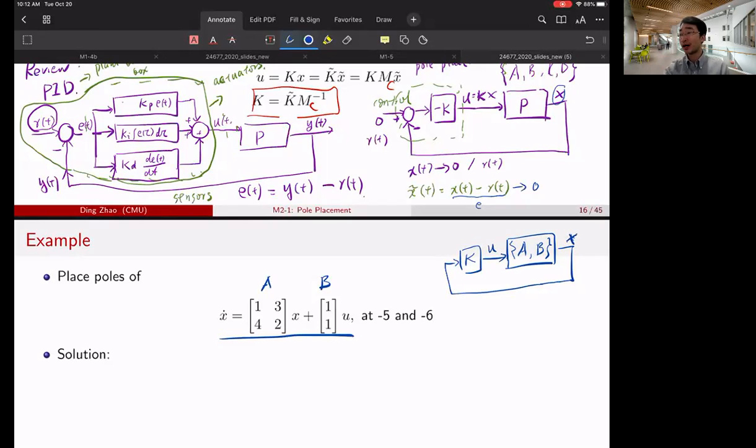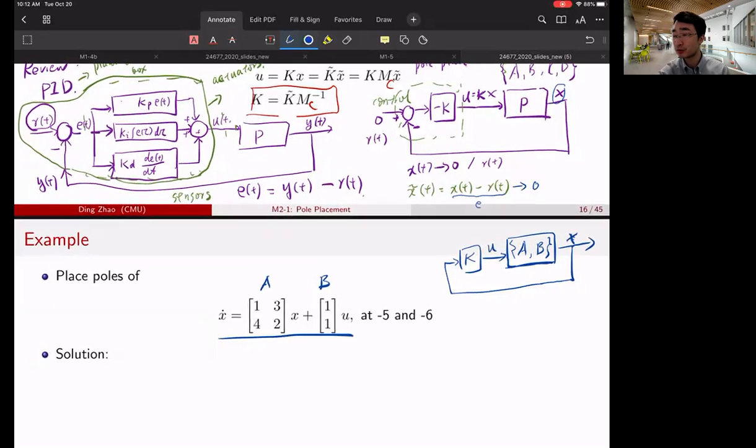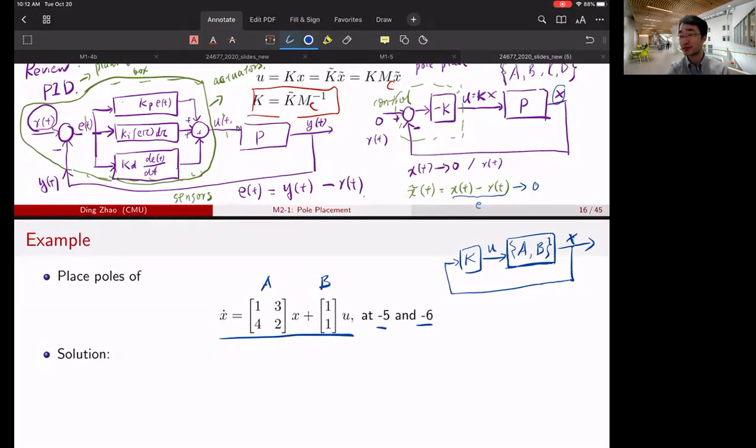If the output is Y and the input is our U, then with this controller, how does the plant behave? I want to know the whole feedback loop. I want to place these 2 poles at -5 and -6.